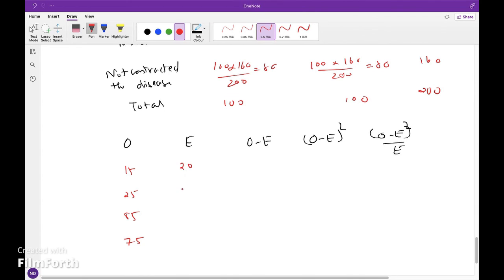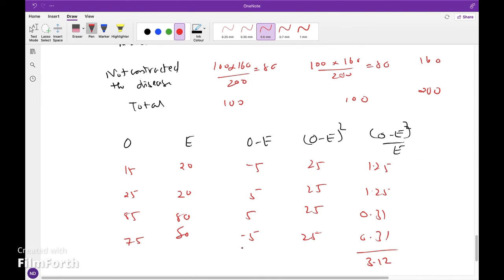Expected values 20, 20, 80, 80. O minus E: minus 5, 5, 5, minus 5. So 25, 25, 25, 25. So 1.25, 1.25, 0.31, 0.31. So the total is 3.12.